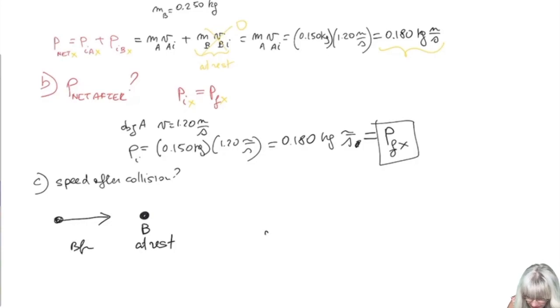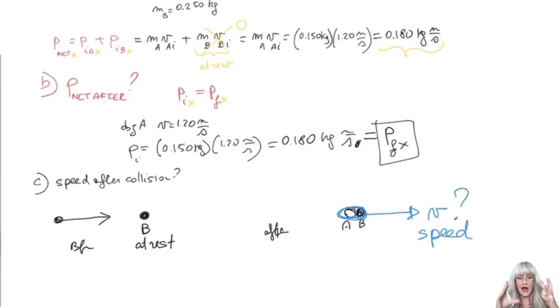Just right after, B is stationary and A slams into it, they form one body, right? This is one body, a blue body. It moves away with a certain speed, which we want to compute. After they stick together, how fast are they moving away?